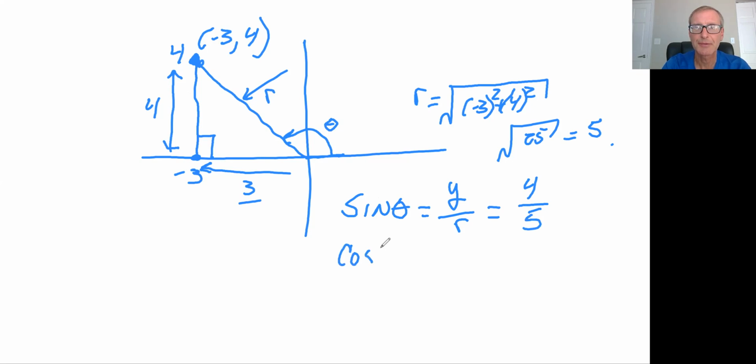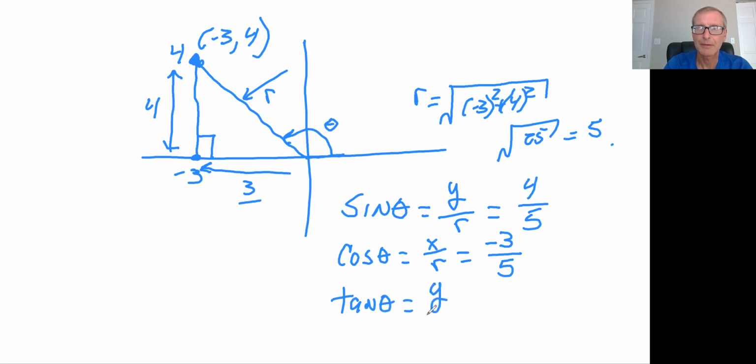Cosine is x over r, so this would be minus 3 over 5, and you see where our negative comes in. Tangent of theta is y over x, so this would be 4 over minus 3. You see we have one minus, so that equals minus 4 over 3.